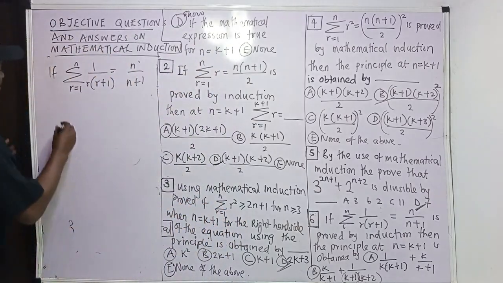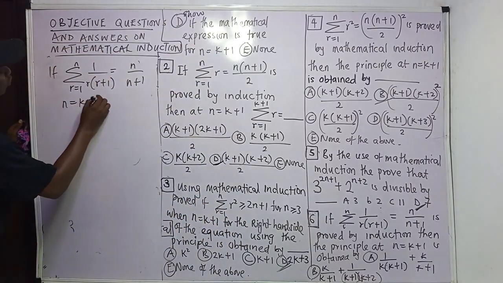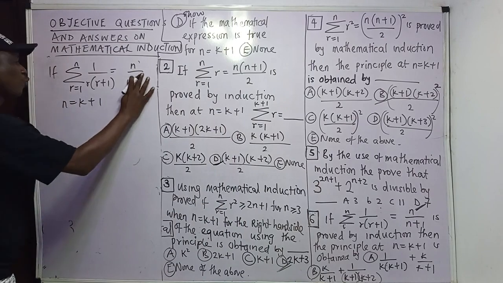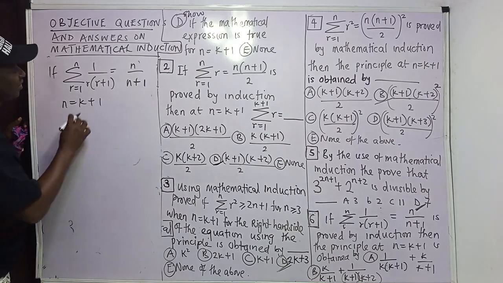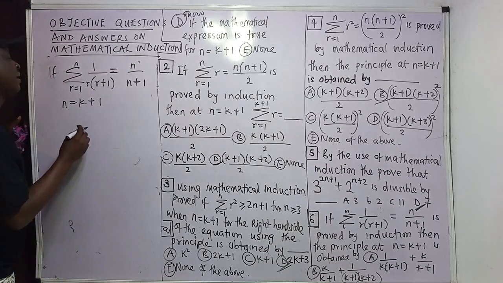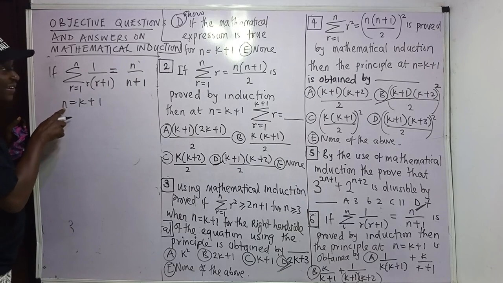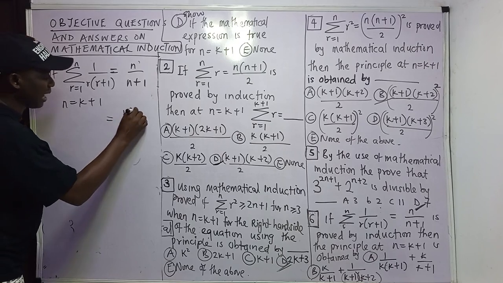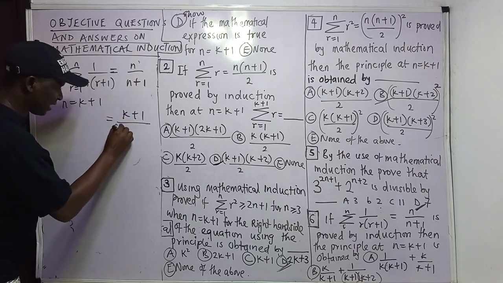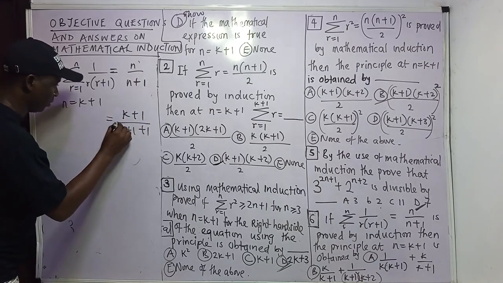So what we do is that we substitute n equal to k plus 1 into the right hand side of the equation, not the left hand side. We work with the right hand side because the right hand side carries n. By substituting k plus 1 for n, we have k plus 1 over k plus 1 plus 1.